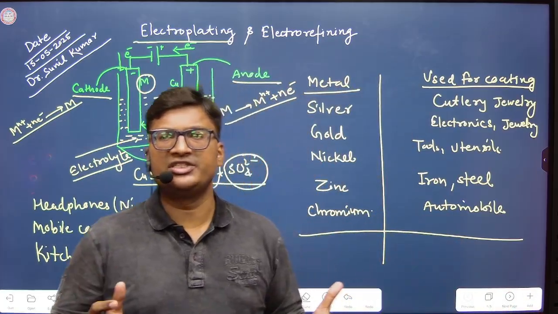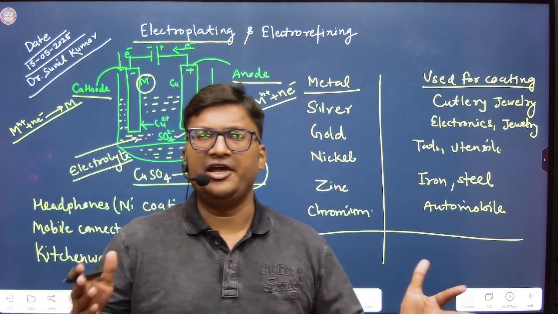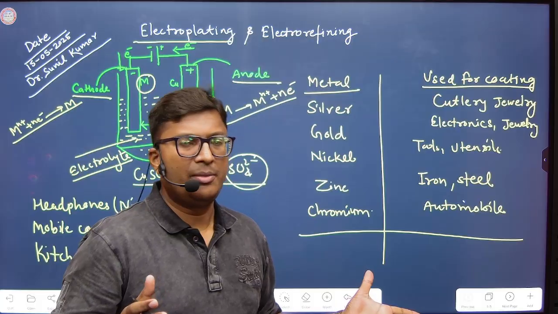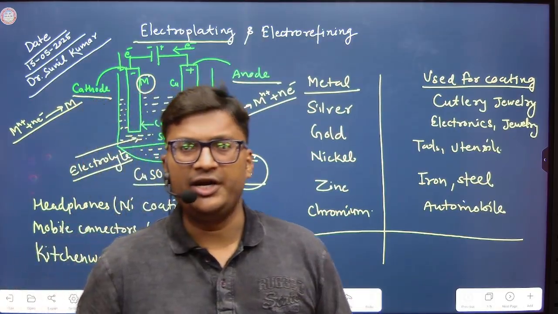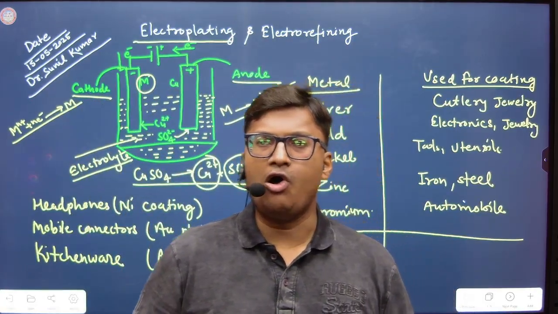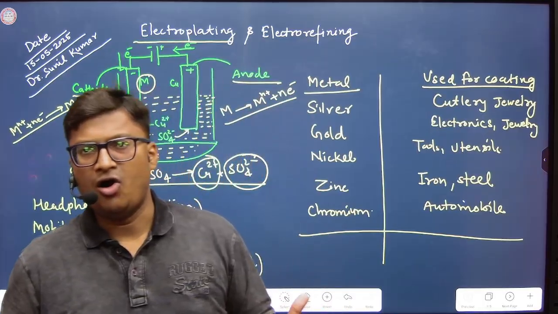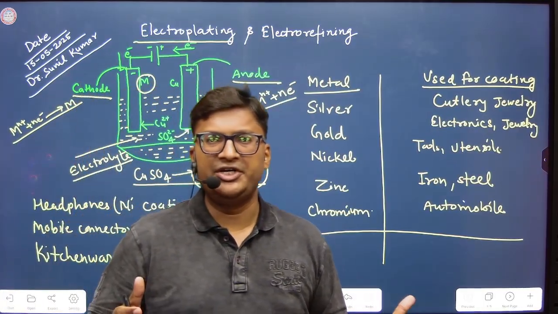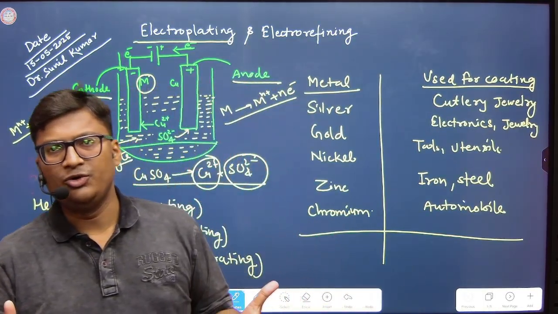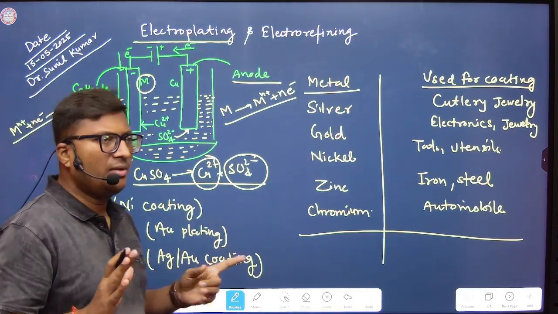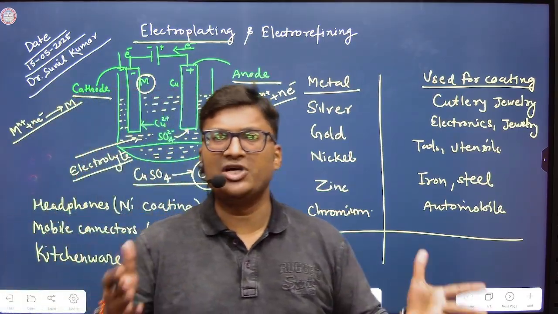Electrolysis means there is an anode and a cathode, which are dipped in a particular electrolyte. The anode is responsible for oxidation, which means the metal can be oxidized or dissolved and go into the solution, right? At the cathode, the metal can be deposited.